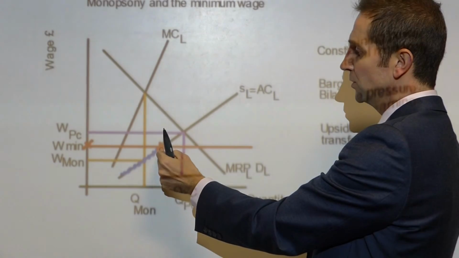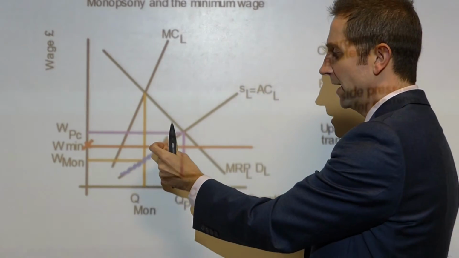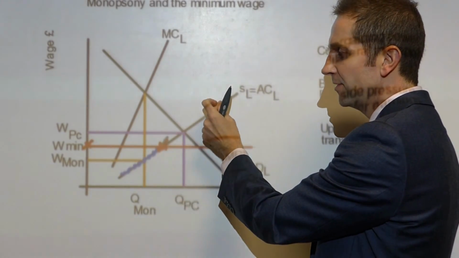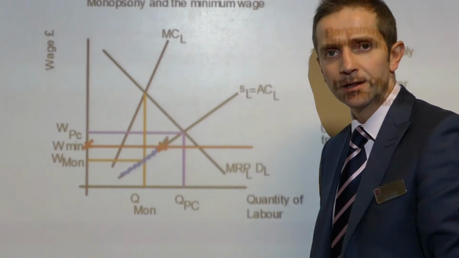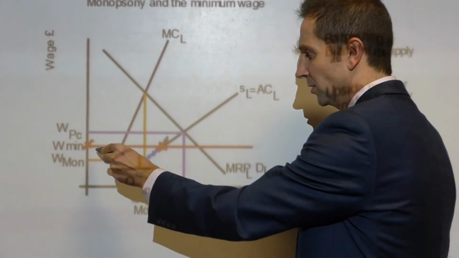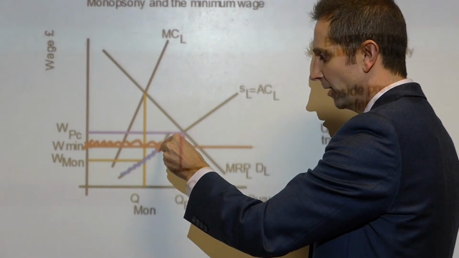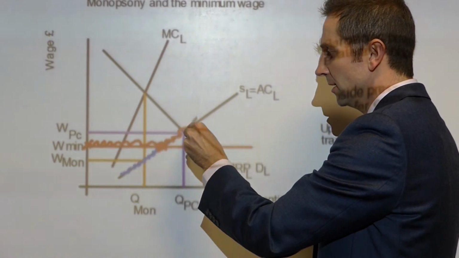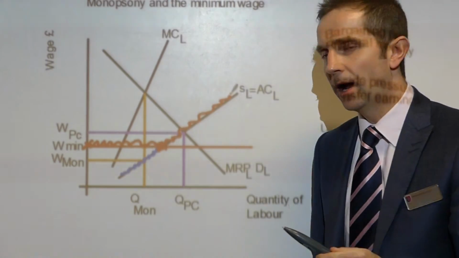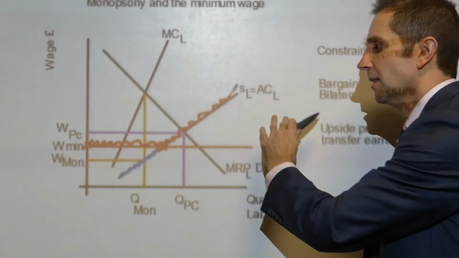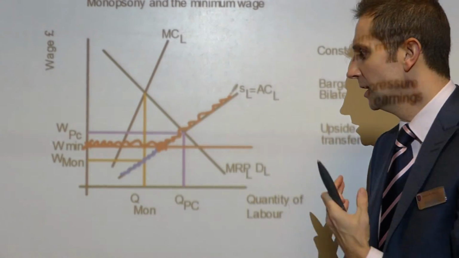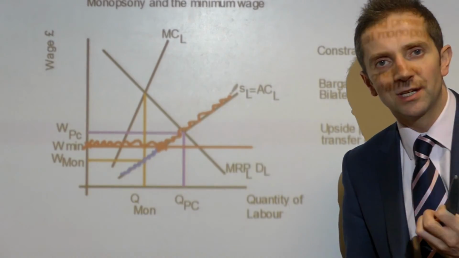And then once we pick up the original supply curve and the wage rate starts to rise above the minimum, then we rejoin that supply curve. And so the constrained supply curve in this case goes from here to here, rejoins the original, and then follows that original path again. And that is how we get the constrained supply curve in this particular diagram.